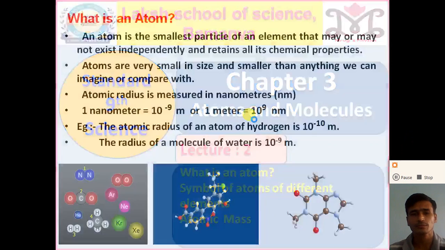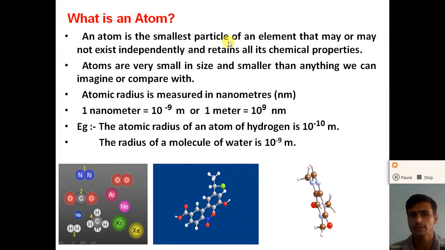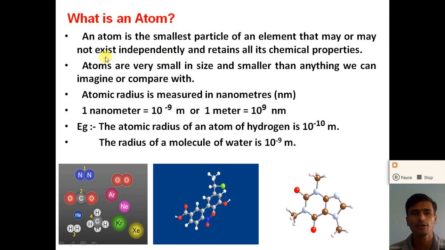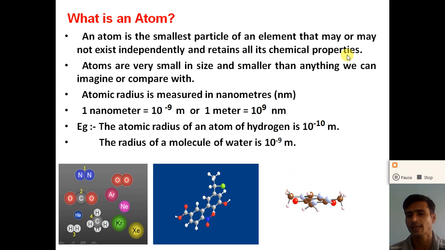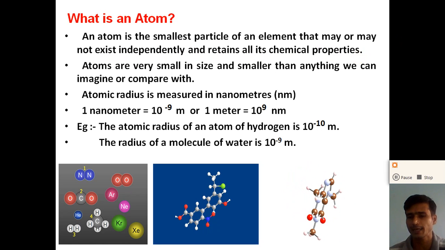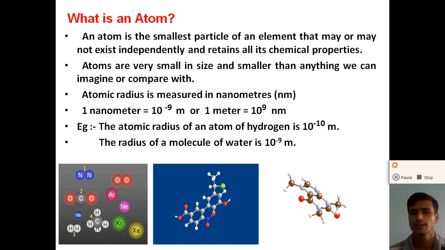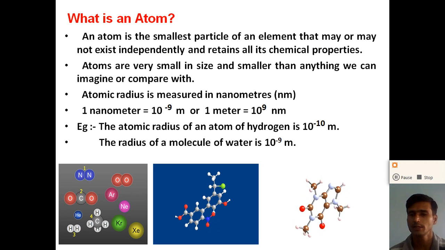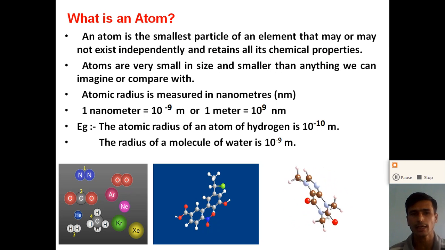An atom is the smallest particle of an element that may or may not exist independently and retains all its chemical properties. So the atom is the smallest particle of any element. Any matter is made up of the smallest particles, called atoms.